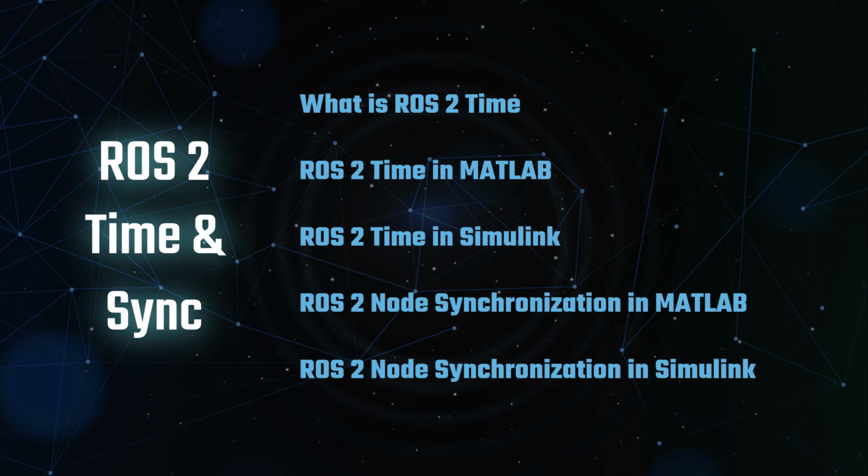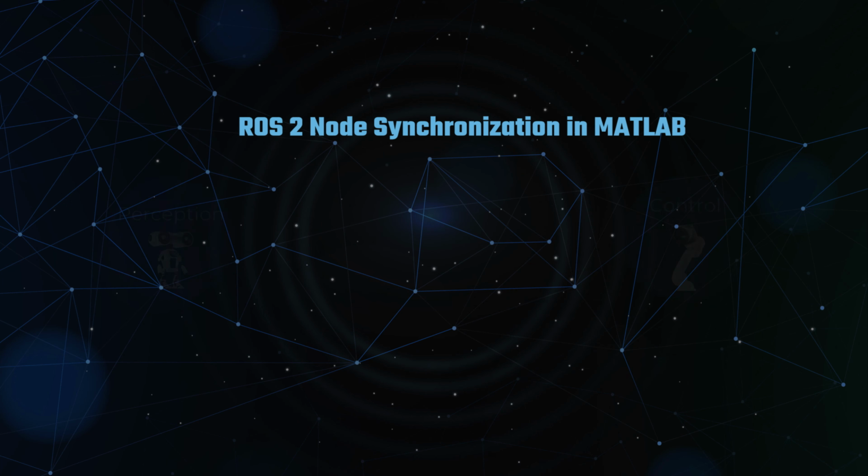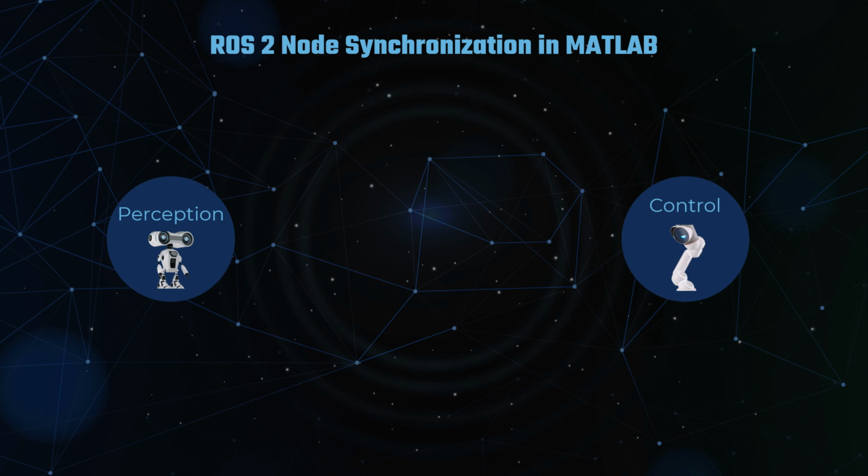Next, we will demonstrate ROS2 node synchronization in MATLAB. In ROS2, synchronization between nodes refers to coordinating the activities or data streams of multiple nodes to ensure consistency, correct sequencing, and proper timing. For example, combining data from multiple sensors, such as camera and LiDAR, requires timestamps to align data for processing.